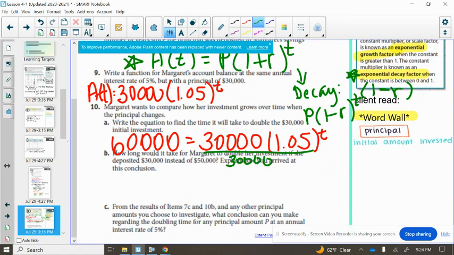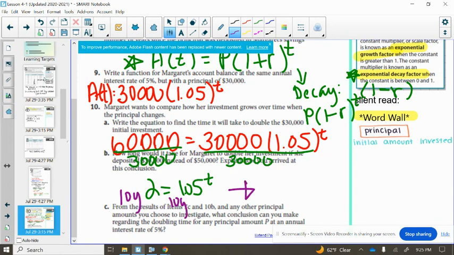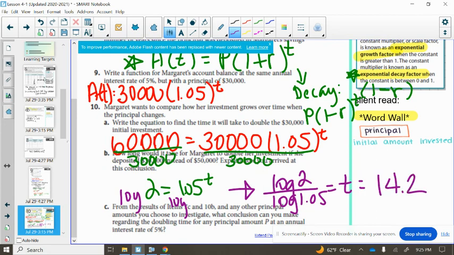Well, what we're going to notice is if we do the same process that we did before, if we divide both sides by that coefficient so that we get 2, and we have 1.05 to the t. Again, if we take the common log of both sides, what we're going to notice is we end up with log of 2 divided by log of 1.05. So our value still is 14.2.